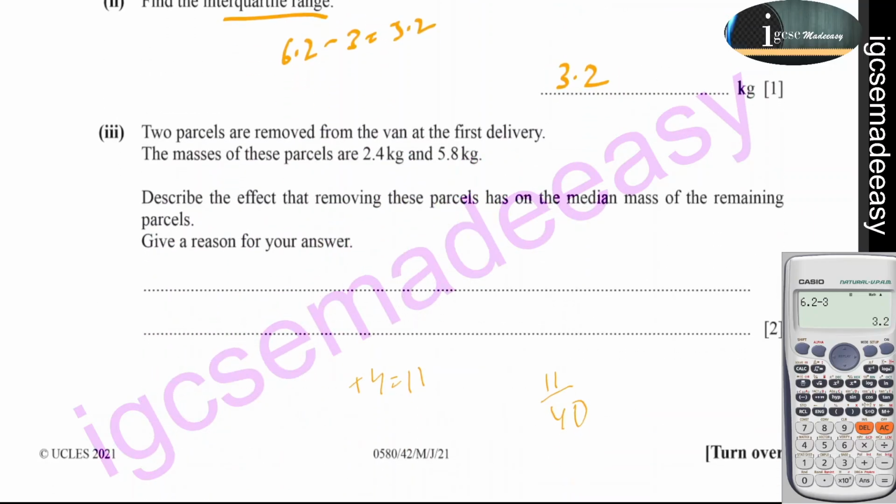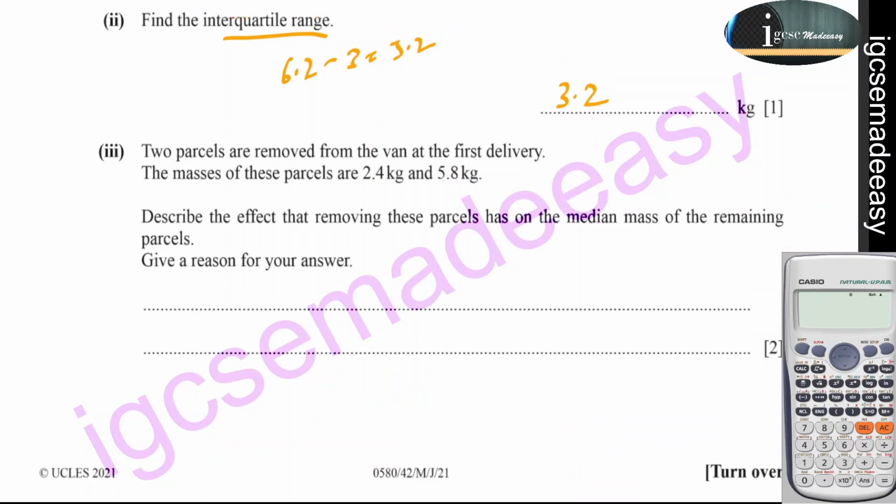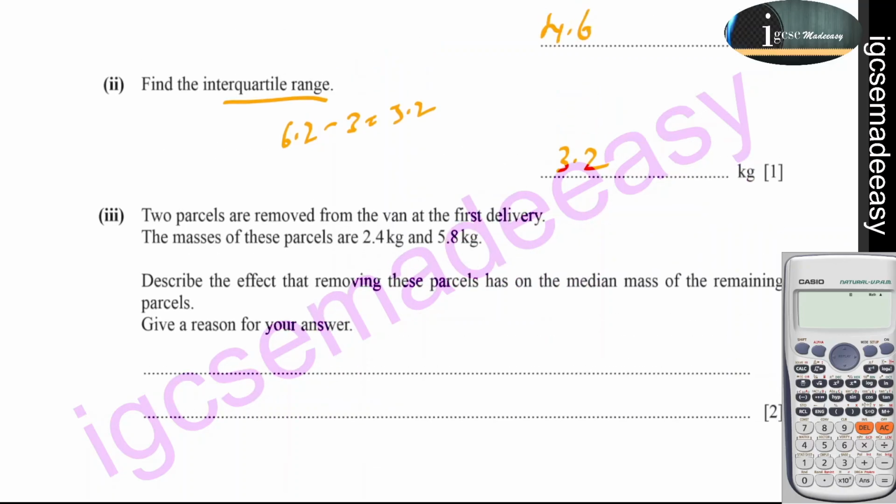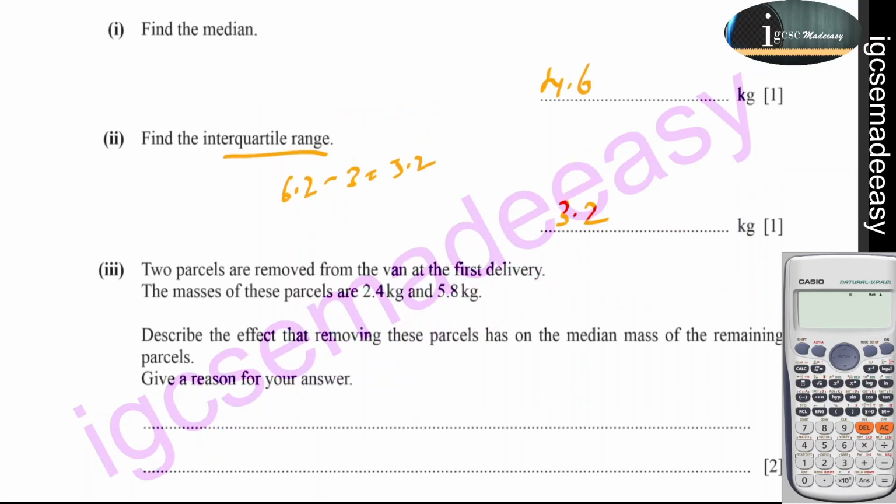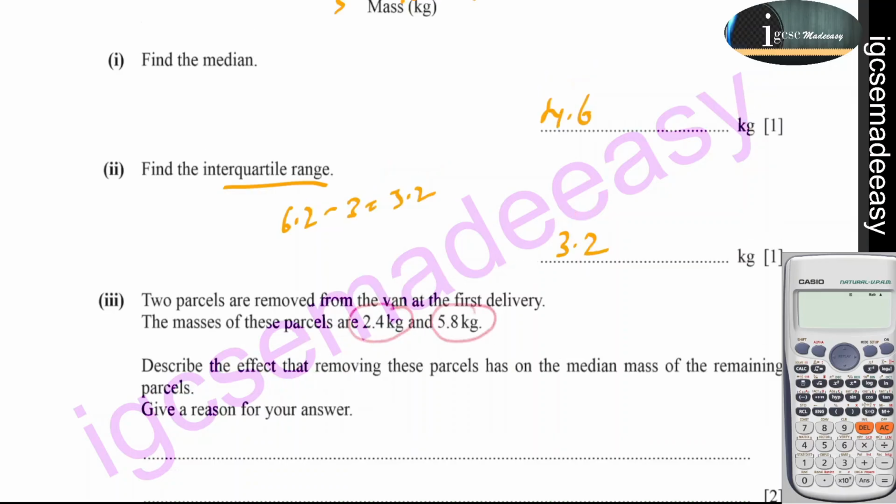So let's do the next part. Part 3. Two parcels are removed from the van at first delivery. The masses of these parcels are 2.4 and 5.8. Describe the effect removing the parcels has on the median mass of the remaining parcels. So we are removing 2.4 kg and we are removing 5.8 kg, right?